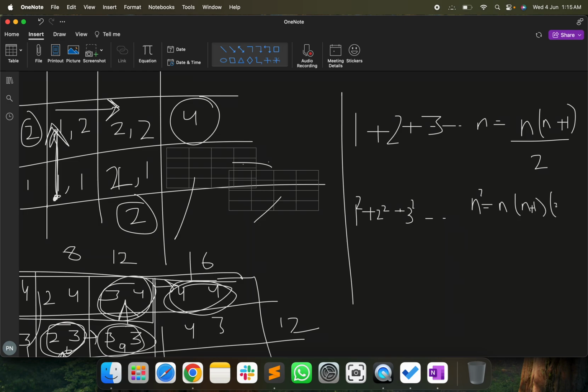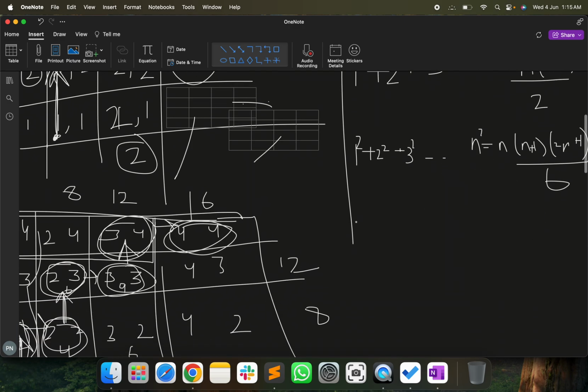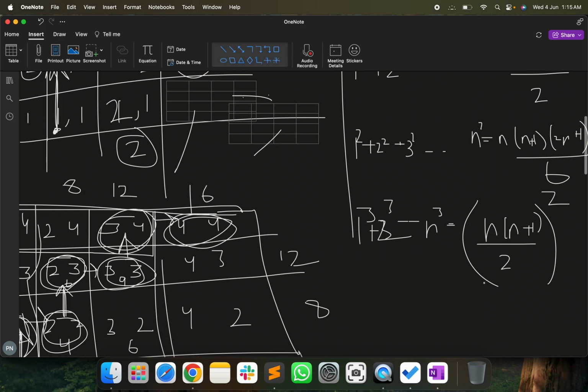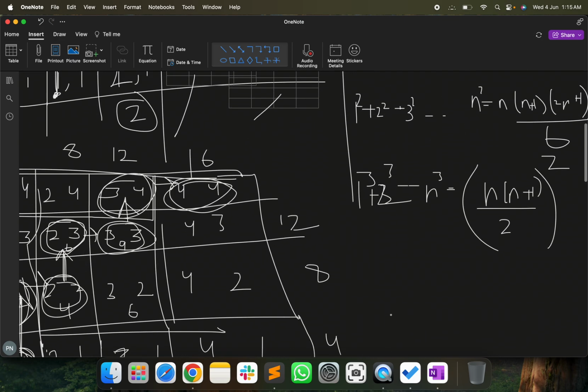I'm sorry for my handwriting, but I think you are all able to hear me. And if we go for cubes, 1 cube, 2 cube and so on till n cube, the answer becomes n into n plus 1 by 2, whole to the power 2. This is the formula for all three of these, and you should remember all of them.